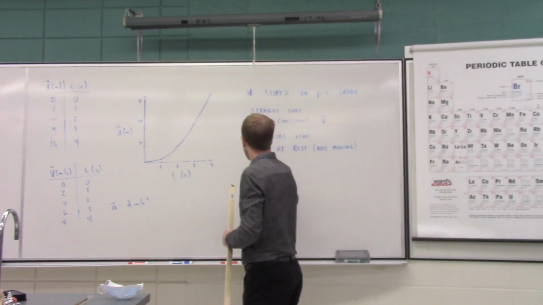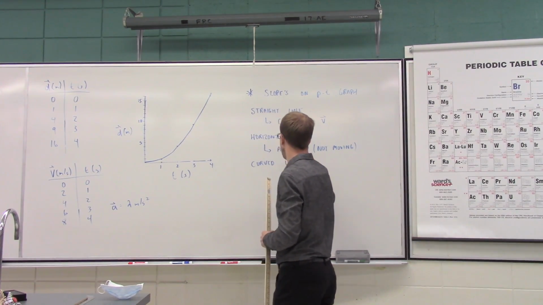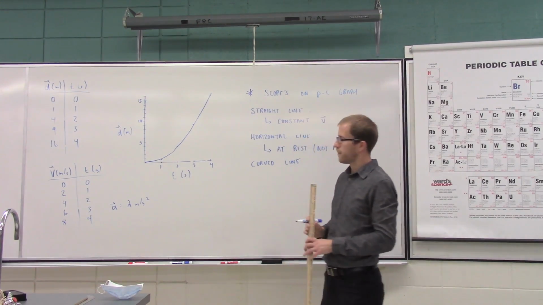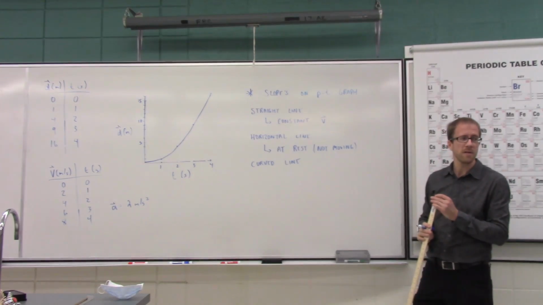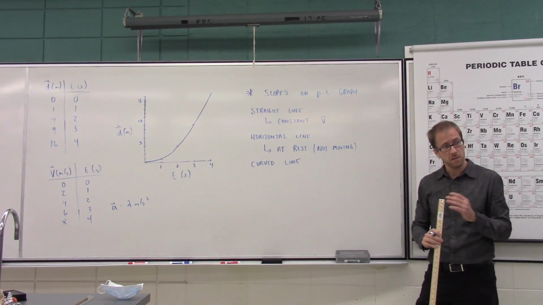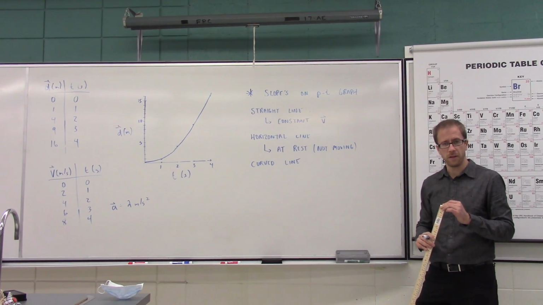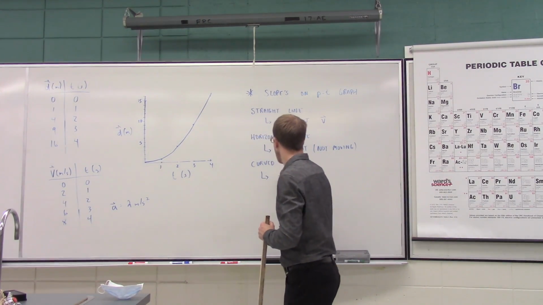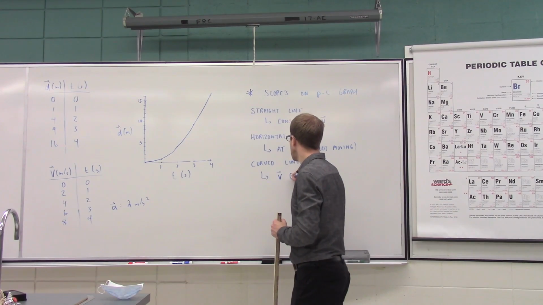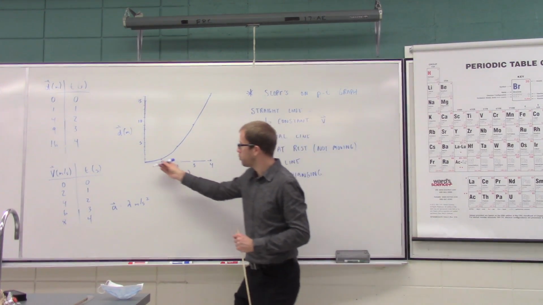And then lastly, what does a curved line tell us? It's getting faster. Not necessarily. I'm going to show you an example right away where that's not necessarily true. What does a curved line tell us? A change in velocity. Excellent. Your velocity is changing because if I have a curved line, is my slope changing?